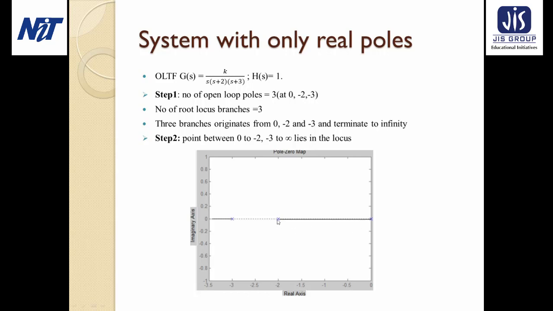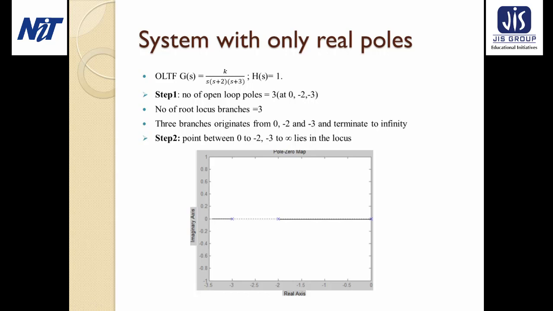Whereas if we consider any point between -2 and -3, the number of open loop poles and zeros to the right of the test point is 2, an even number. So any point between -2 and -3 will not lie in the locus, whereas from -3 to minus infinity any test point will lie in the locus.